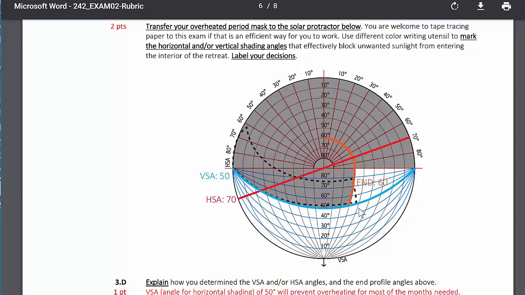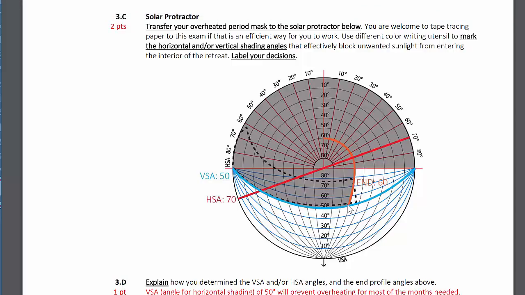The next thing I want to do is figure out where to stop my horizontal shading device. How wide should my horizontal shading device be so that I can still allow the sun in the early morning hours to get into the space to help warm the space up after a cool evening?